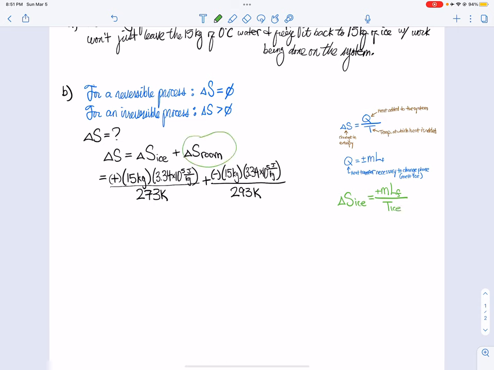And for the change in entropy for the room, that is equal to the same magnitude of whatever heat transfer entered the ice that just left the room, but it's negative because it leaves the room. And we divide that by the temperature of the room. So these two equations come from that.